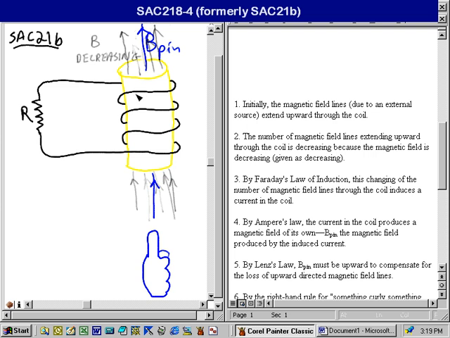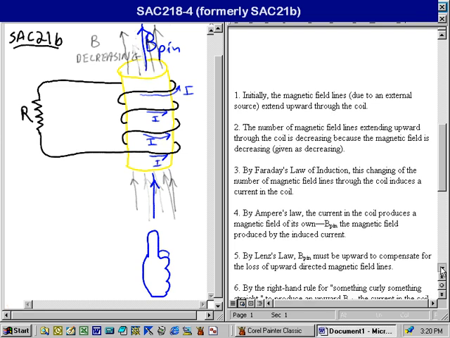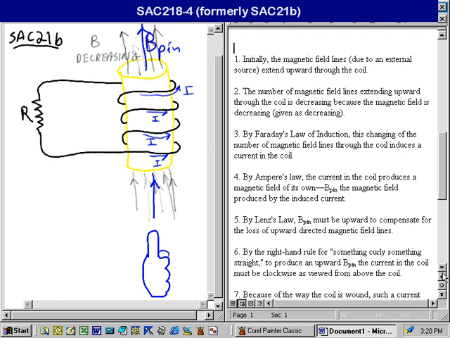So that would indicate that the current has to be going around the coil in this direction. There's I. Okay, so it'll be counterclockwise as viewed from above, or as indicated, that would be enough.